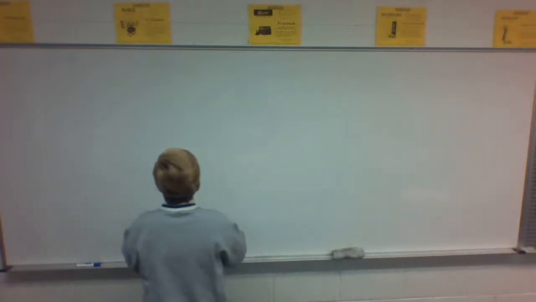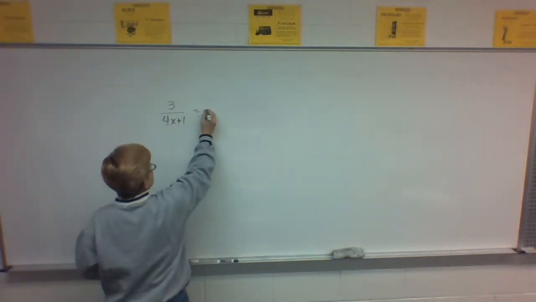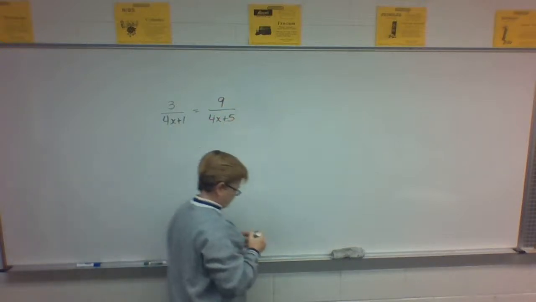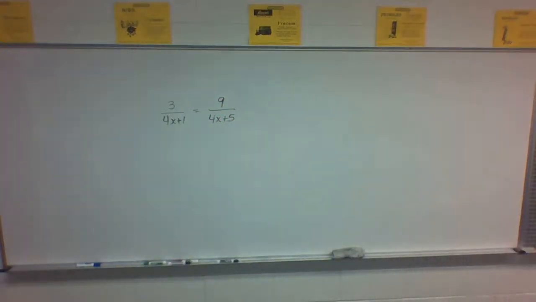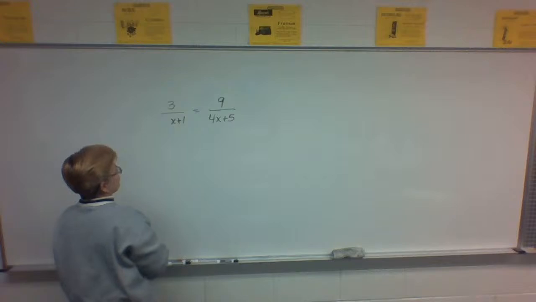All right. So let's dive right in on the very first one. We've got 3 over x plus 1 equals 9 over 4x plus 5. Is that right?